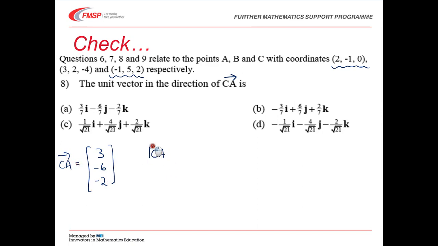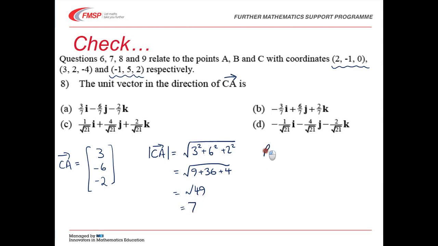Next we find its magnitude. That's the square root of 3 squared plus 6 squared plus 2 squared. That's root 9 plus 36 plus 4, which is root 49, which is 7.